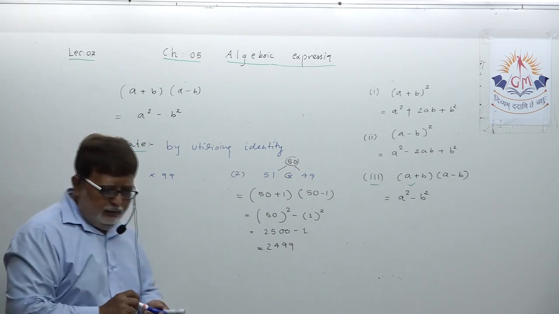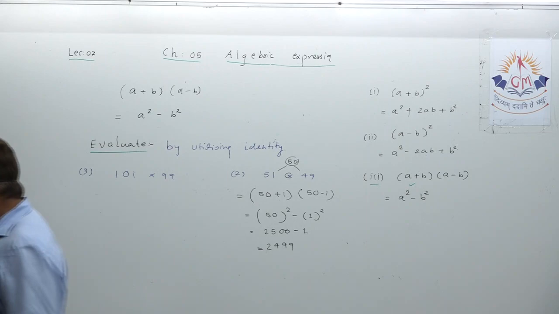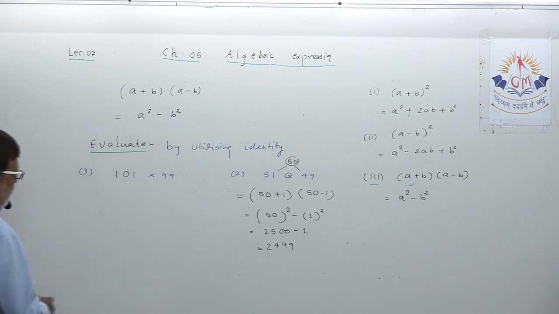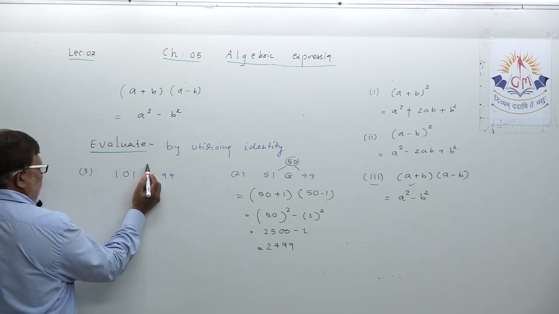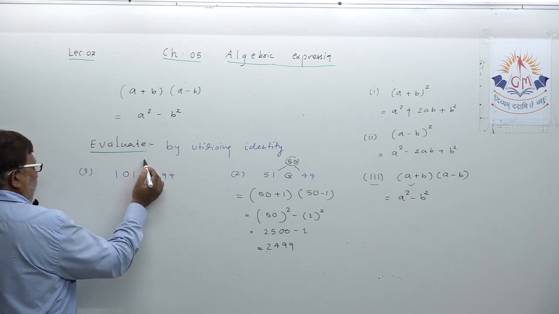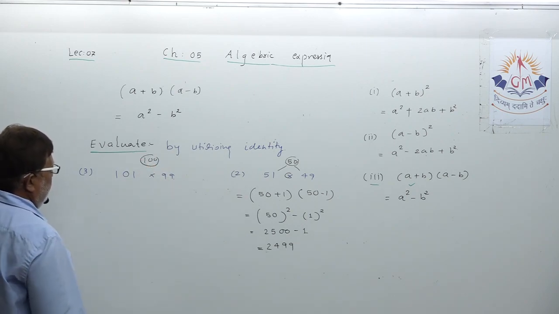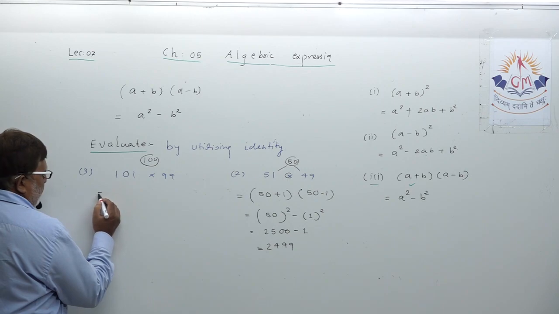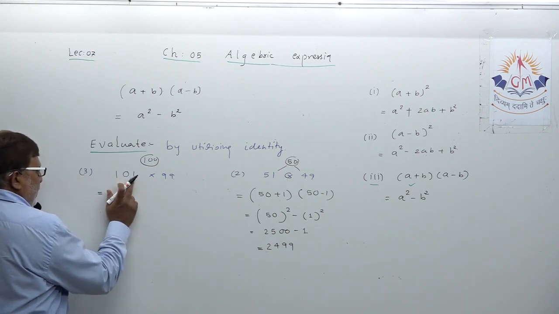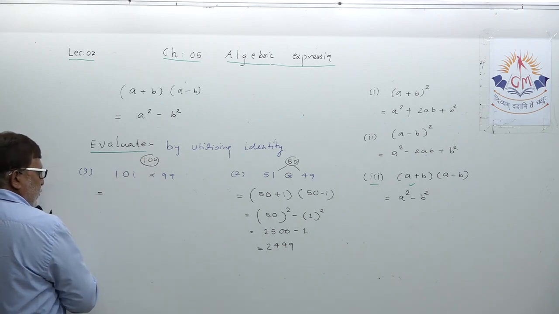Let us try to solve this example. 101 into 99. The number containing 0 nearer to both of these is 100, as you all know. Understand? One thing has to be very clear, that you need to think of a common number between these two.